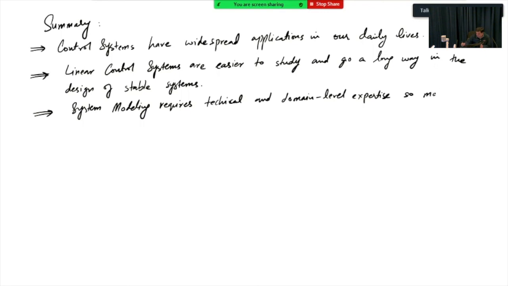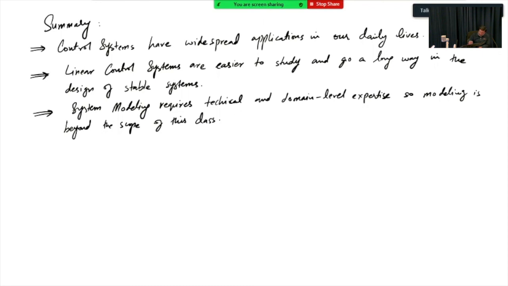So modeling is beyond the scope of this class, and if you take a system and you search the literature, you can find a lot of different models which can have arbitrary level of detail, and sometimes you want to abstract all of it, and there are some abstractions available.